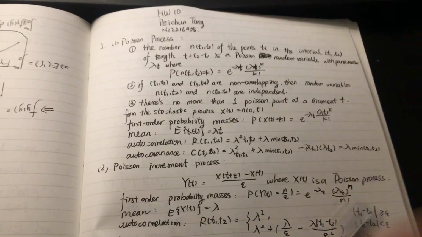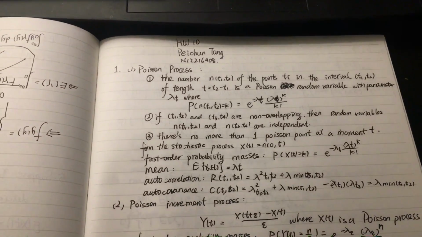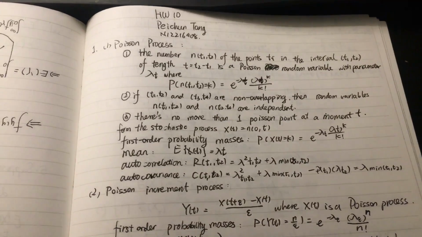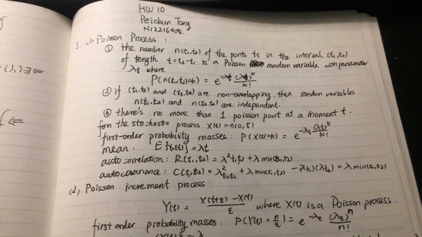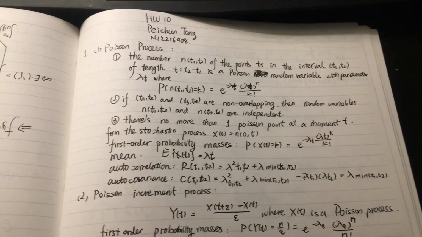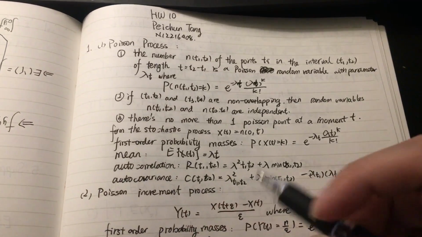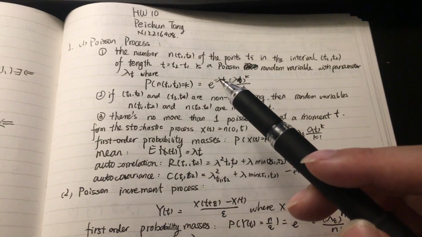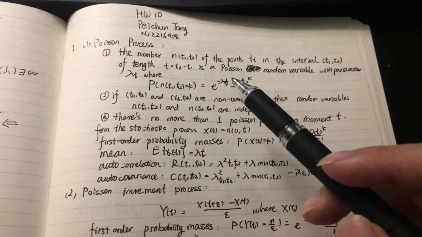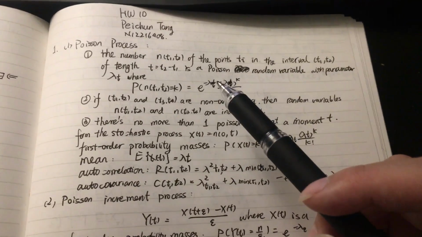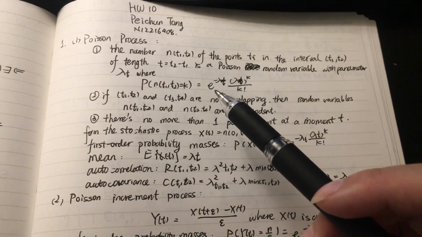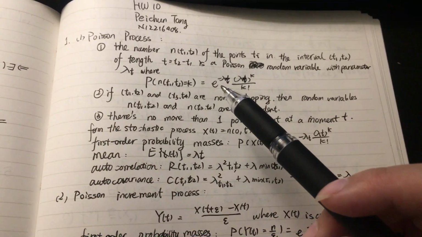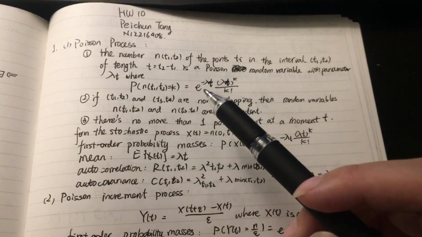The first is to find the Poisson process, and as we know, the definition of the Poisson process is when the number of points n, point ti is in the interval from t1 to t2, and the length or the magnitude of the interval is t equal to t2 minus t1.